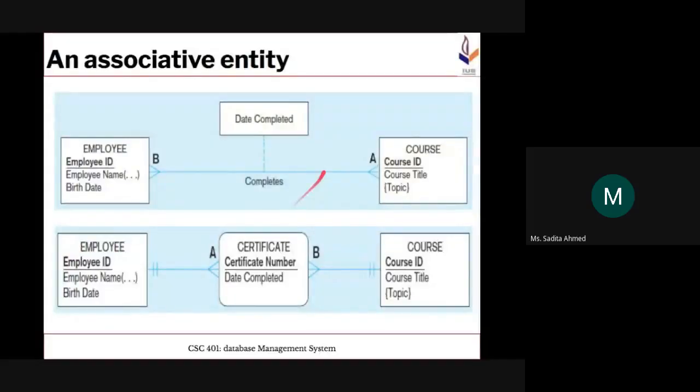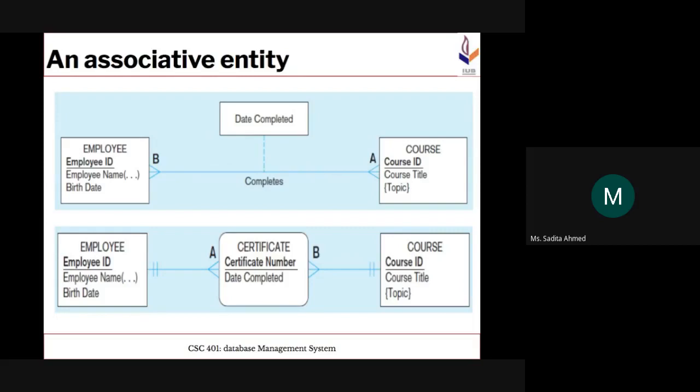Also the names should not be vague. For example, here see completes is a specific name which gives us a clear idea that this is about when an employee completes a course. If I say here that employee is related to course or employee is associated, if I put is associated in place of completes, then how would I understand what relationship this is? Is it for the relationship when an employee registers for a course?